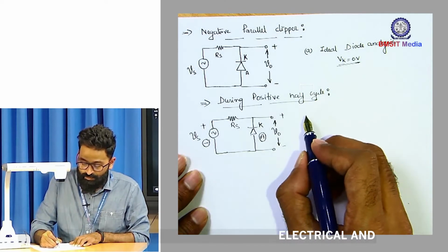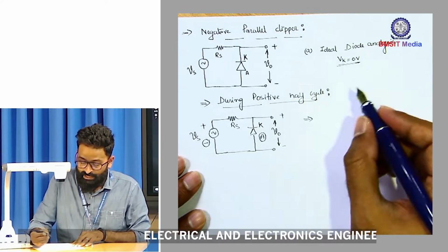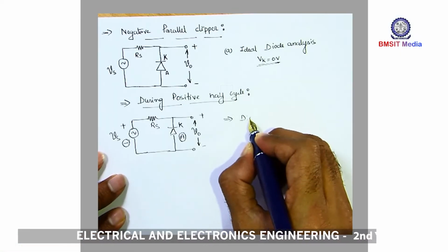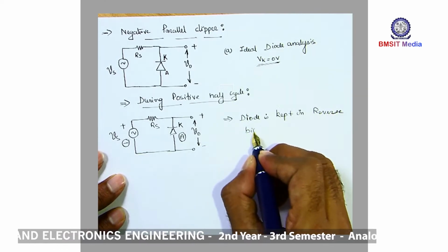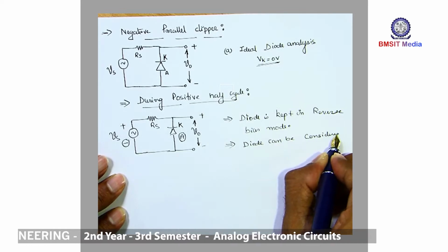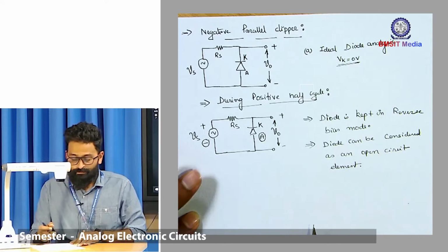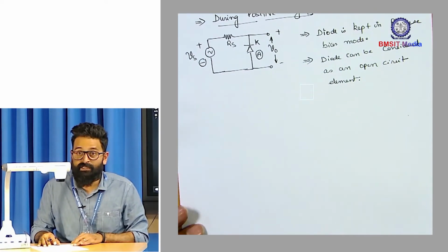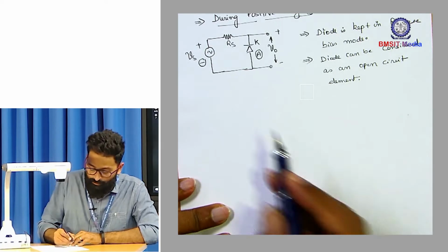So we call this particular connection as reverse biasing connection. So for the entire positive half cycle, diode is kept in reverse bias mode. Hence, diode can be considered as an open circuit element. Okay, so open up the diode terminals and try to apply KVL to obtain the output.